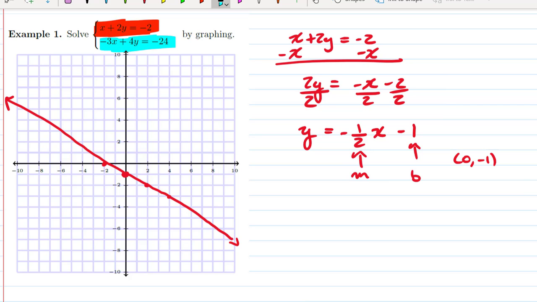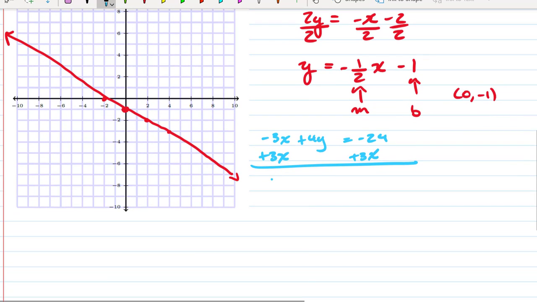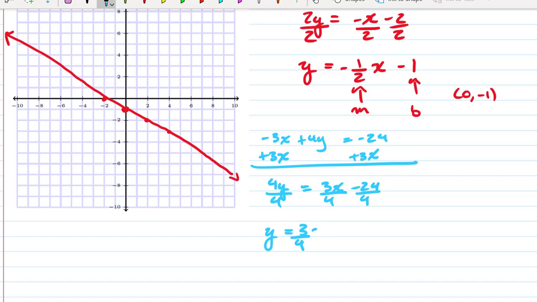And then I rinse and repeat for my second equation, negative 3x plus 4y equals negative 24. So I add 3x to both sides, and that gives me 4y equals 3x, take away 24. And I divide each term by 4, finally getting y equals 3/4 x, take away 6.